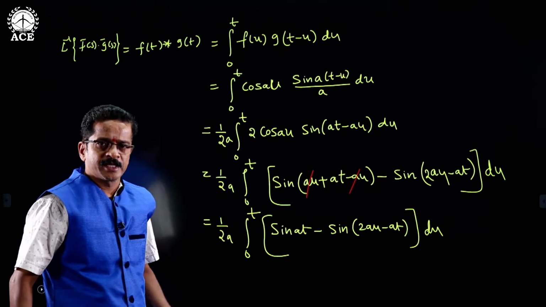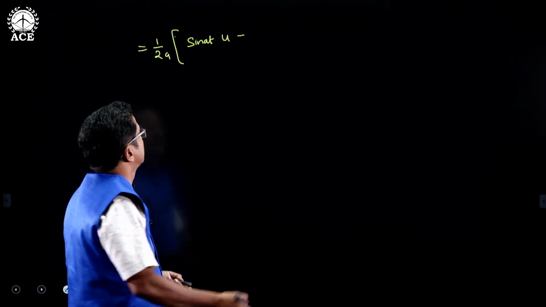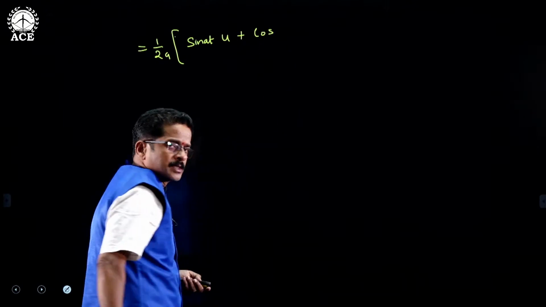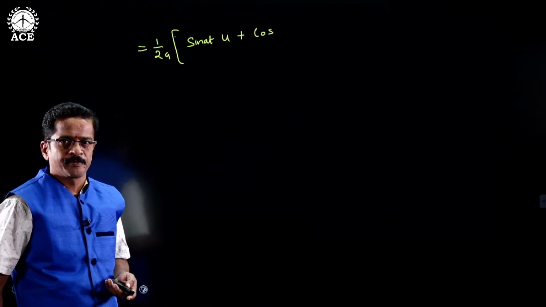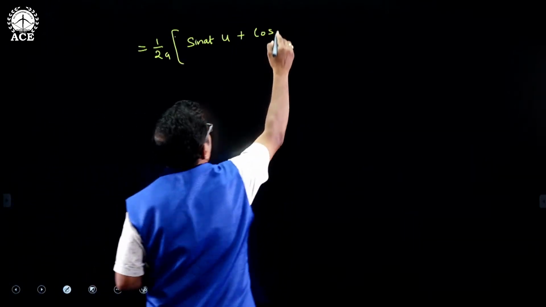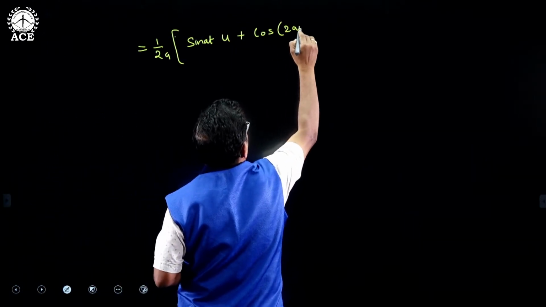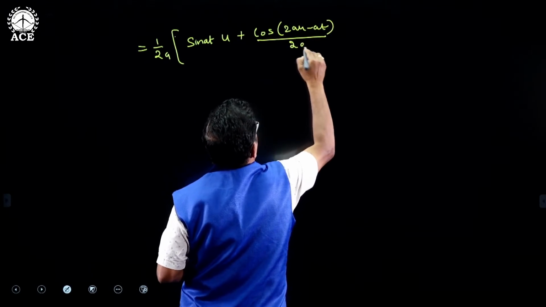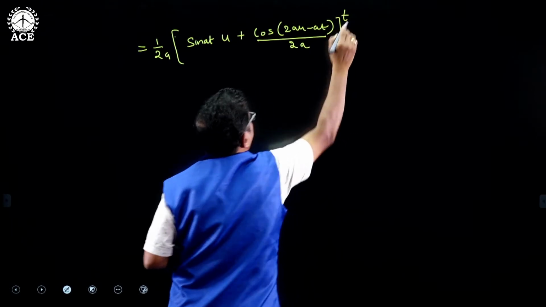Sin integration is minus cos, so it becomes plus cos of 2au minus at by 2a, over the limits 0 to t.